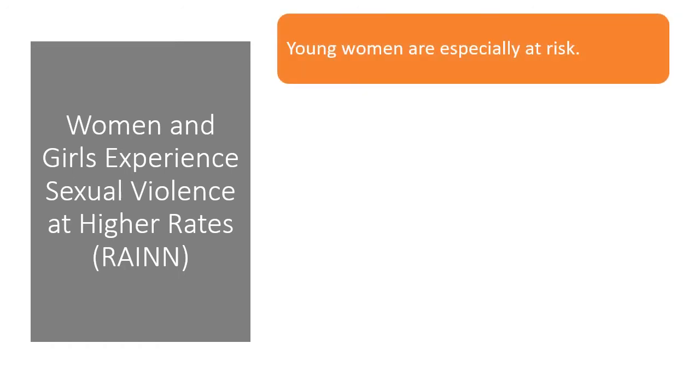Now, RAIN reports, and they are curating data from lots of national and international sources. I'm focusing only on the national question of sexual assault and sexual violence within the U.S. context. RAIN reports that young women, so children, adolescents, and young adults, are particularly at risk.